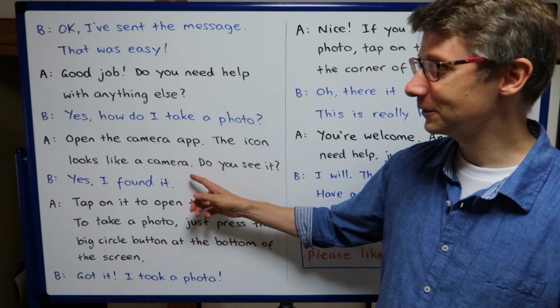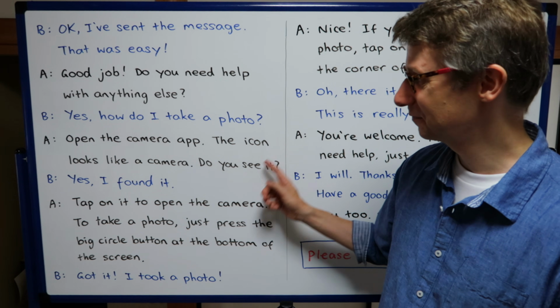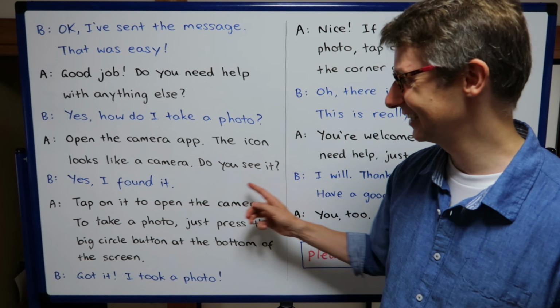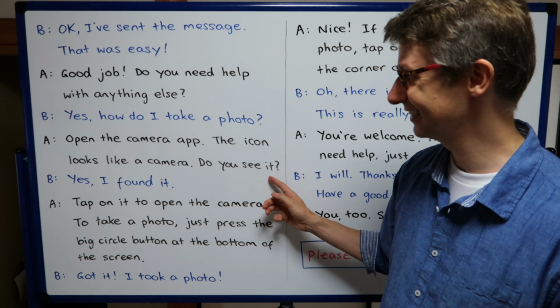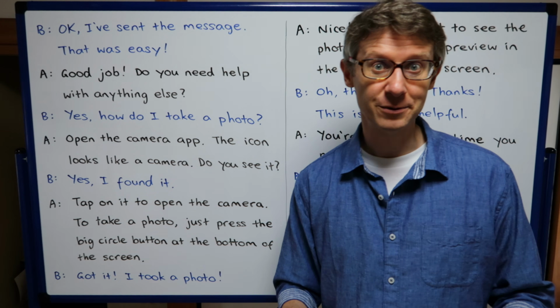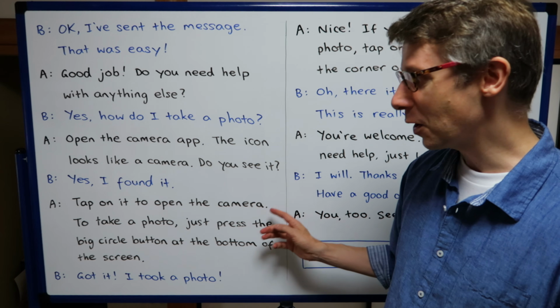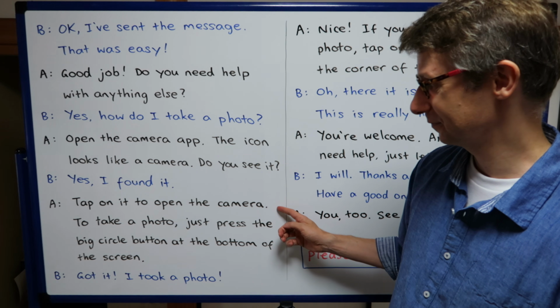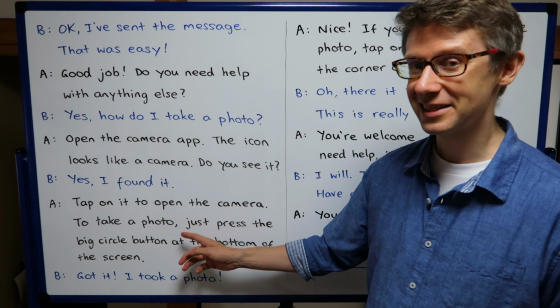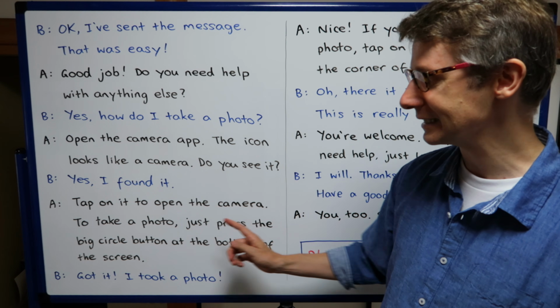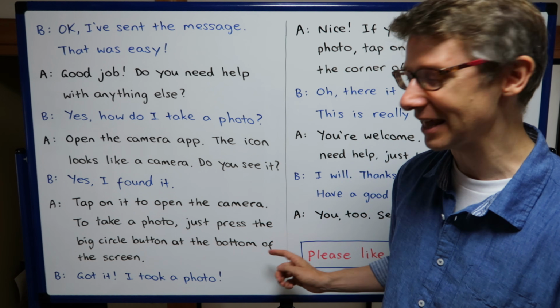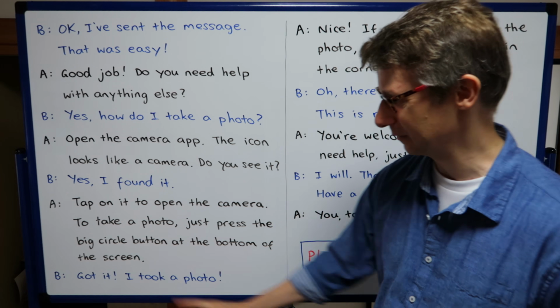The icon looks like a camera. Do you see it? Yes, I found it. Tap on it to open the camera. To take a photo, just press the big circle button at the bottom of the screen.